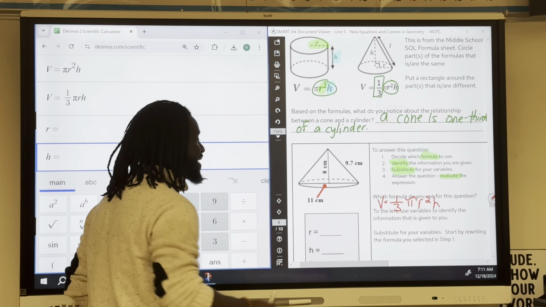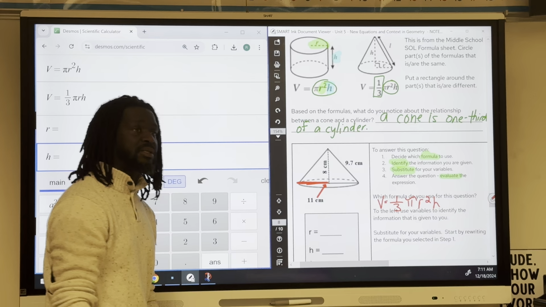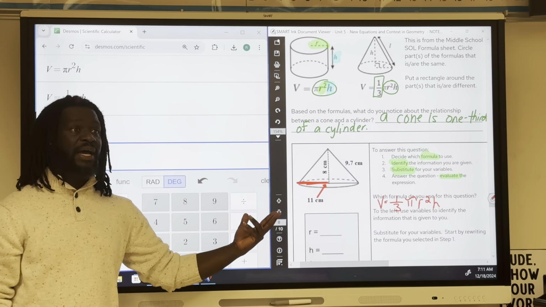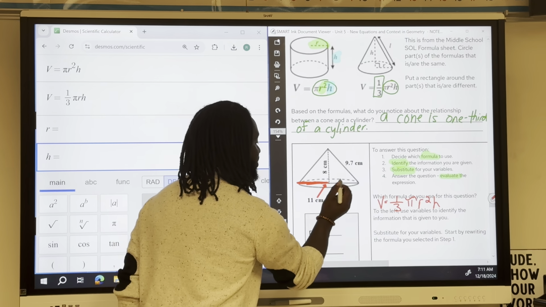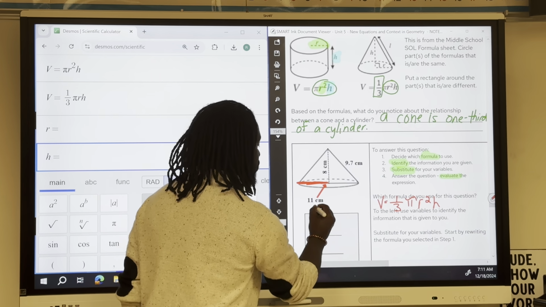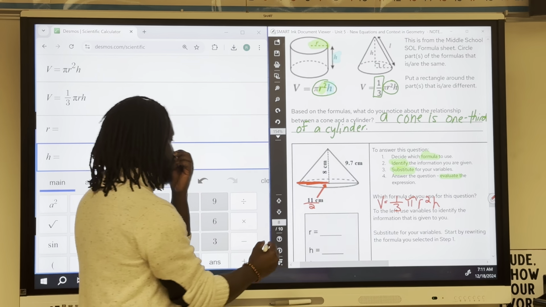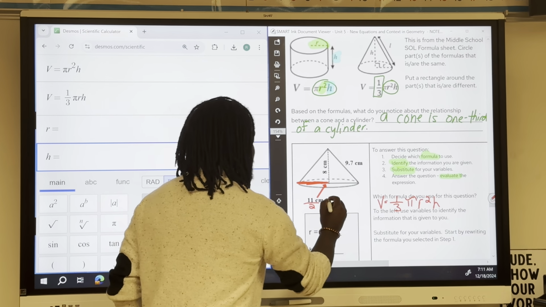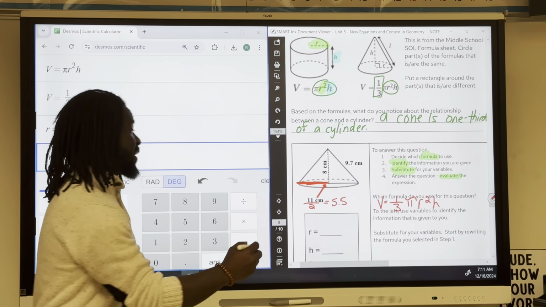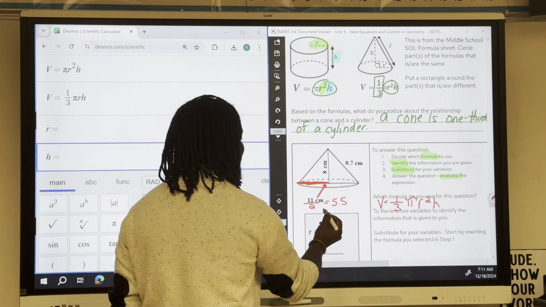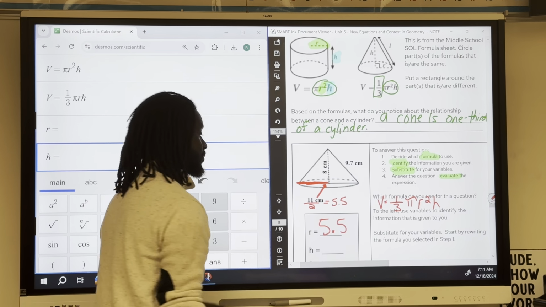And I need the radius, so it's super important that I pay close attention to identifying it. Because I have the diameter here, I need just half. I need to cut that in half. So I divide 11 by 2, and that gives me 5.5. Because I had the diameter, my radius is 5.5.